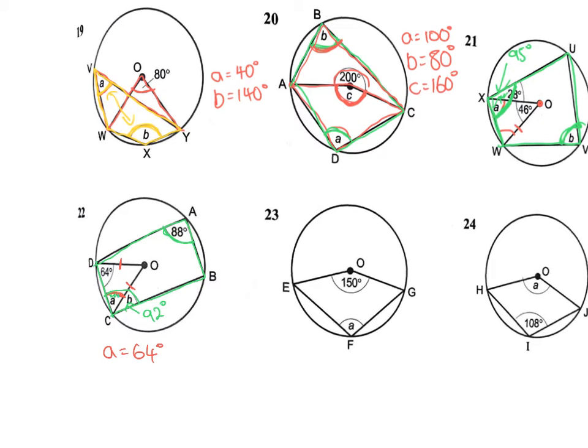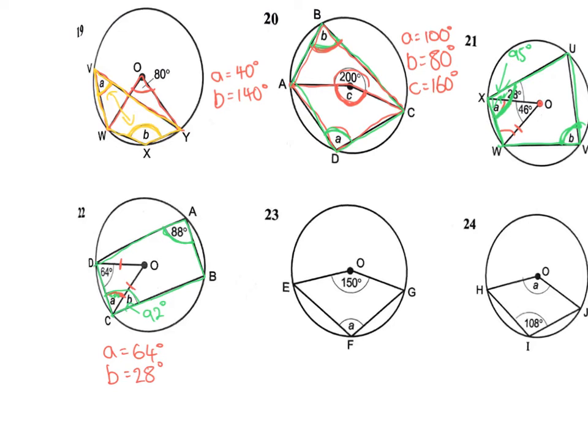If the A part of it is 64, then the B part of it is 92 take away 64, which is 28. 28 degrees for that one.